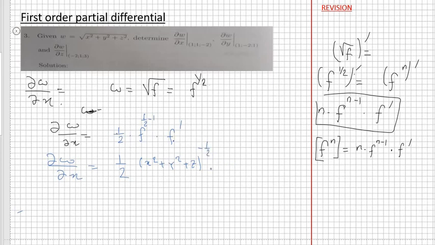And then I'm gonna have to derive the function that is within the square root sign. So in other words, we have to derive this. But when you derive, make sure that you are deriving with respect to x.